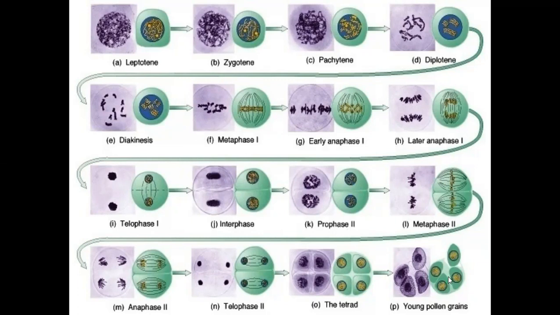After the formation of haploid pollen grains, they develop into haploid gametes. The haploid male and female gametes fuse to form a diploid zygote again, from which generations are formed in the life cycles of plants or animals.